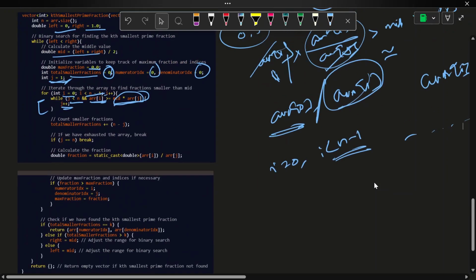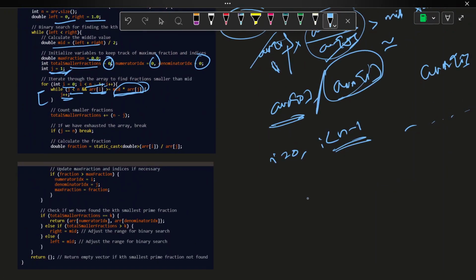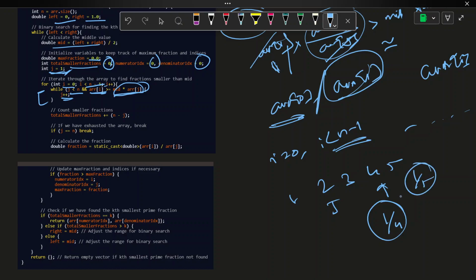Okay, so now j will point to somewhere like 1 2 3 4 5. So j first pointing here, suppose 1 by 4, like we are getting this 1 by 4. Okay, so 1 by 5 also will be less than the mid. Why?